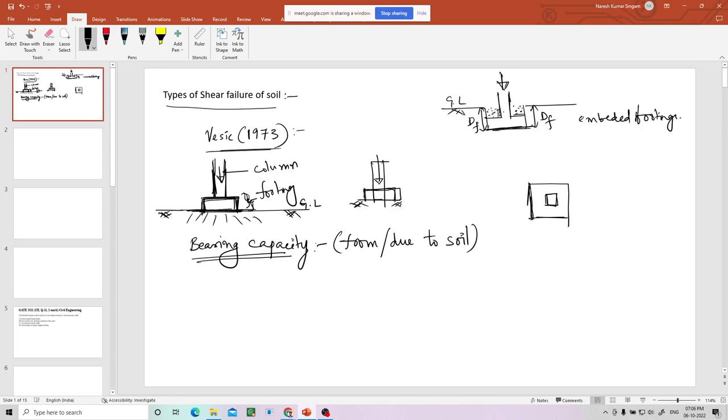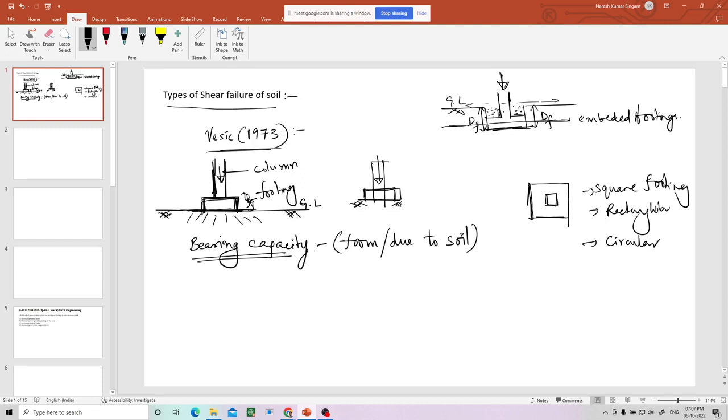If the cross section at any level is square, it is a square footing. If it is rectangular, it is a rectangular footing, and it can also be circular.